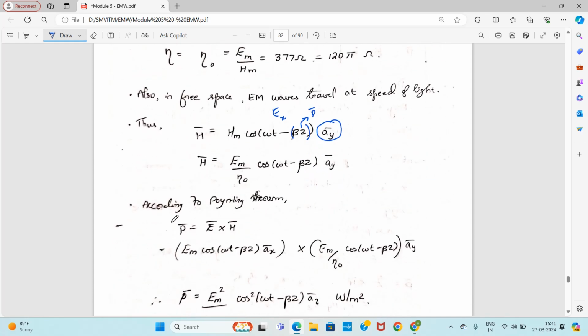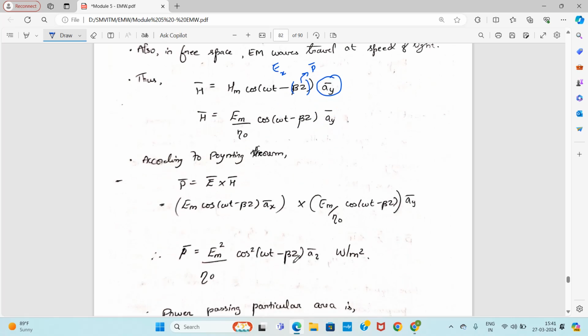Now in the Poynting vector equation, if I substitute the E and H values and simplify, Em into Em by eta naught is a constant. It becomes Em square by eta naught. Next you have cos(omega t minus beta z) times cos(omega t minus beta z), so cos square(omega t minus beta z). ax cross ay gives you az.